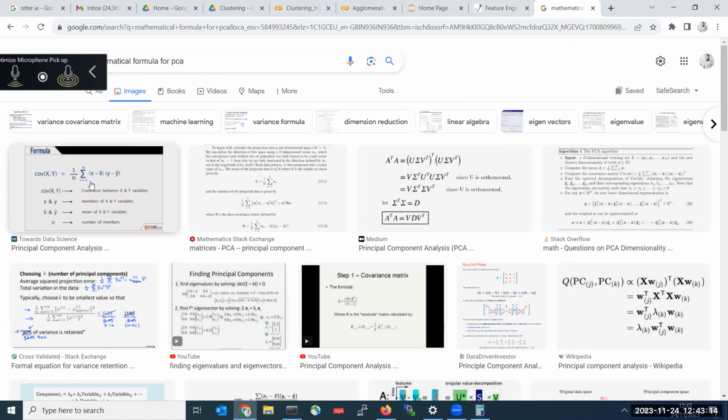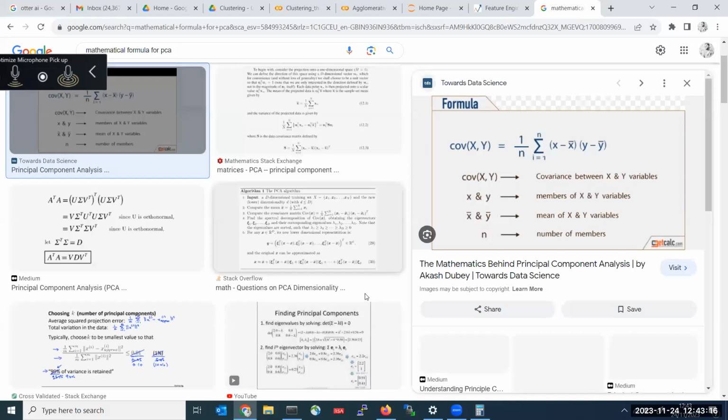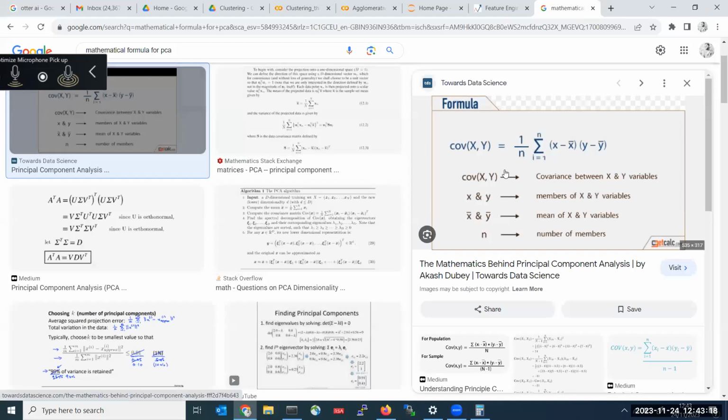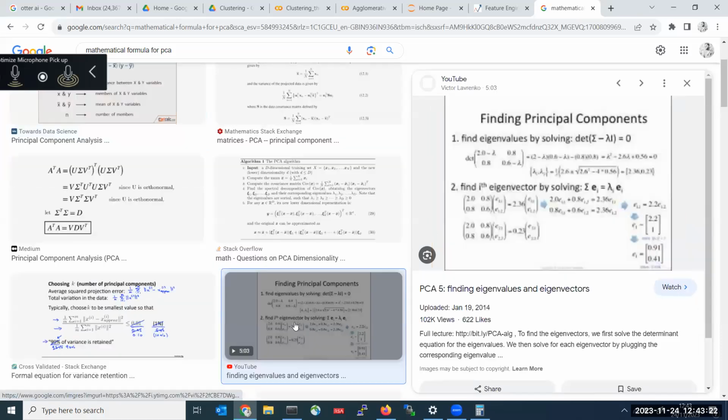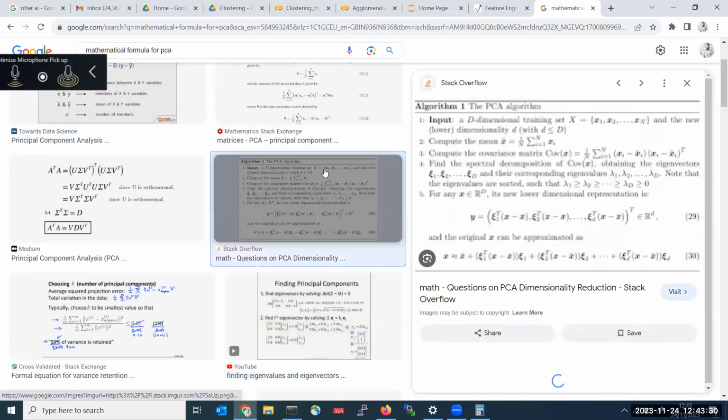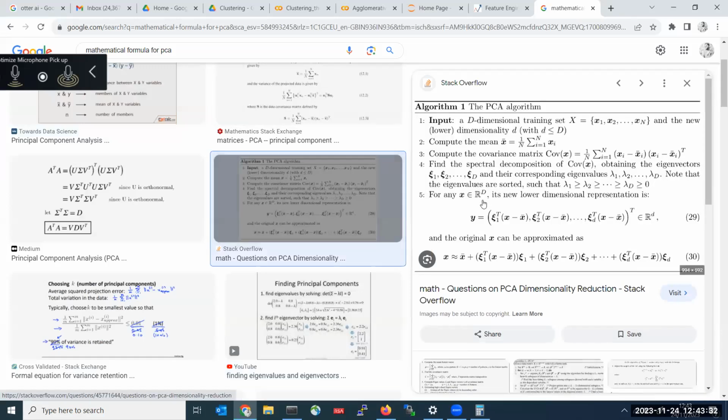The formula for PCA is: first it will calculate the covariance matrix, and next it will calculate eigenvalues. Eigenvalues we normally use in matrices. So this is the process.